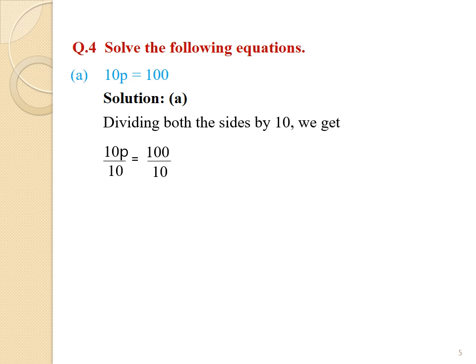Cutting common 10 and dividing 100 by 10, we get p equals to 100 upon 10. Dividing 100 by 10, we get p equals to 10. So, p equals 10 is the solution of 10p equals to 100.